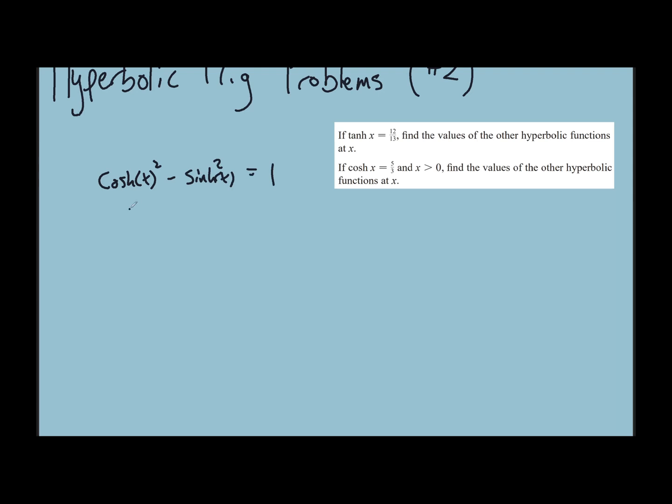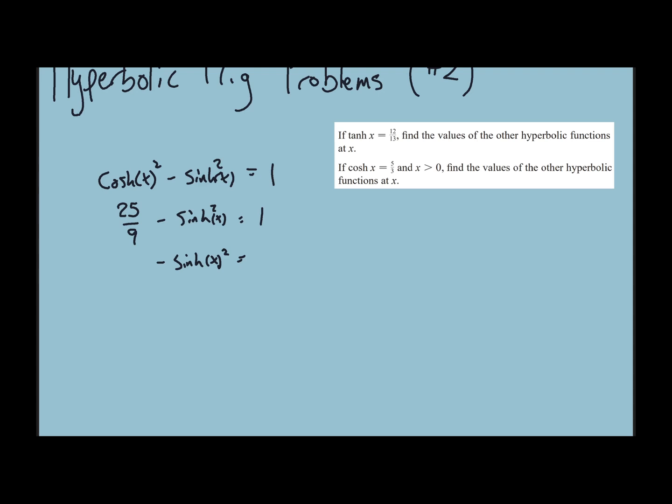So 5/3 squared is going to be 25 over 9 minus hyperbolic sine squared equals 1. Obviously, we want to subtract that out. So what's 25 minus 9? Negative hyperbolic sine of x squared equals 9 minus 25.